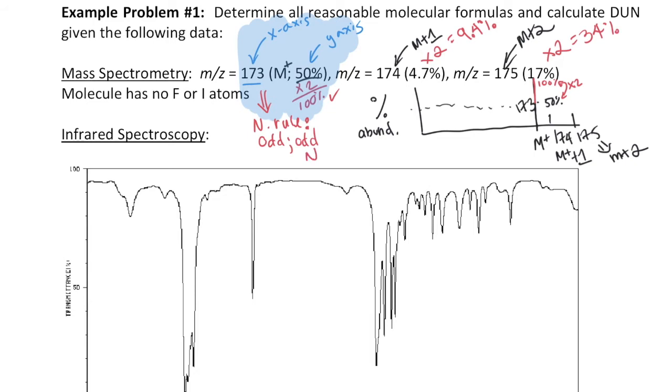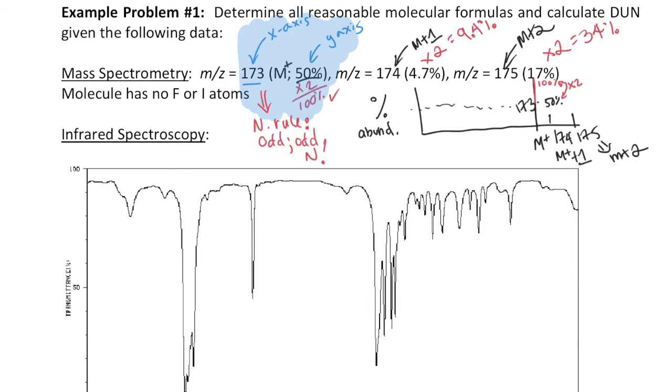That's already a revelation as to part of our formula. We know we're going to have a nitrogen in there. So don't forget that. Now we're done with M. That's what we get out of M. We make sure it's 100% and we find how we can apply the nitrogen rule, what consequence that has on our formula.